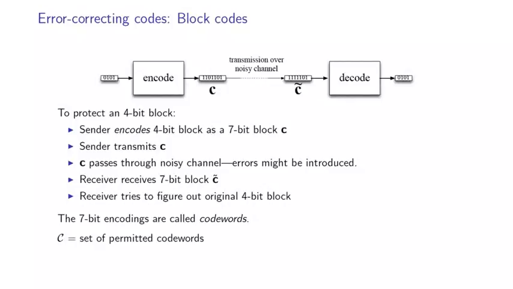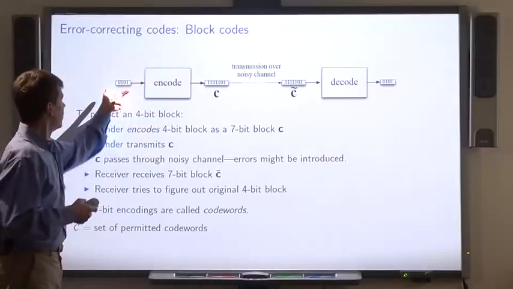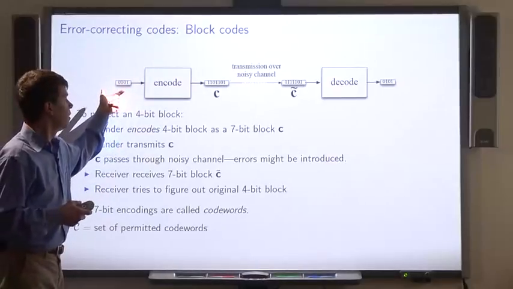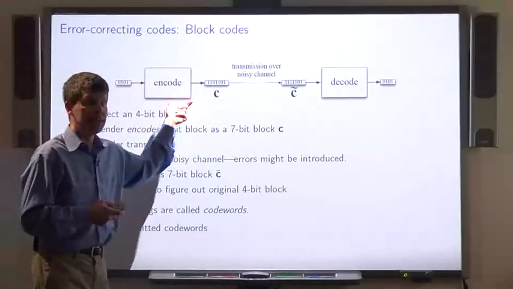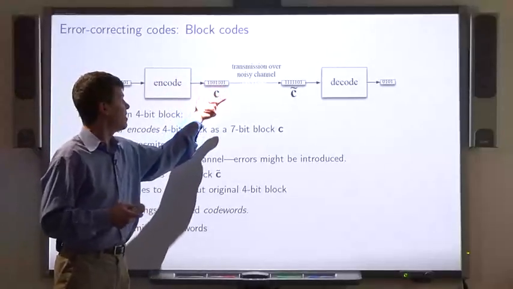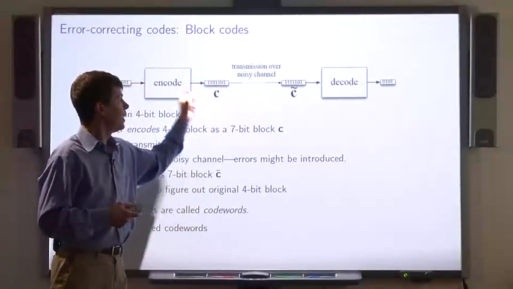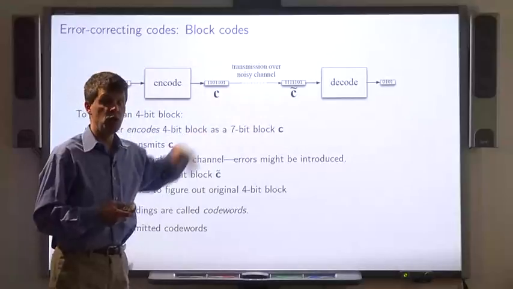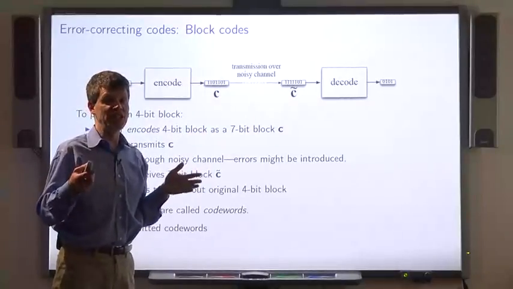Here's how a linear binary block code works. Suppose I want to send a message. Let's say my message is 4 bits. I encode that as a block of, in this case, 7 bits. Then I transmit it through what's abstracted as a noisy channel.